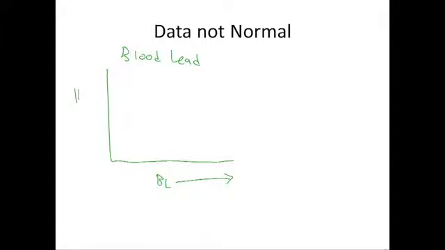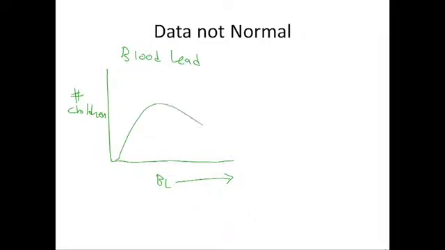So let me talk briefly about the issue of the data not being normal, with a little bit of a warning. Let me come back to the example I mentioned to you about blood lead. Imagine this is the distribution of blood lead. I have blood lead levels going higher, and here I have, let's say, the number of children.